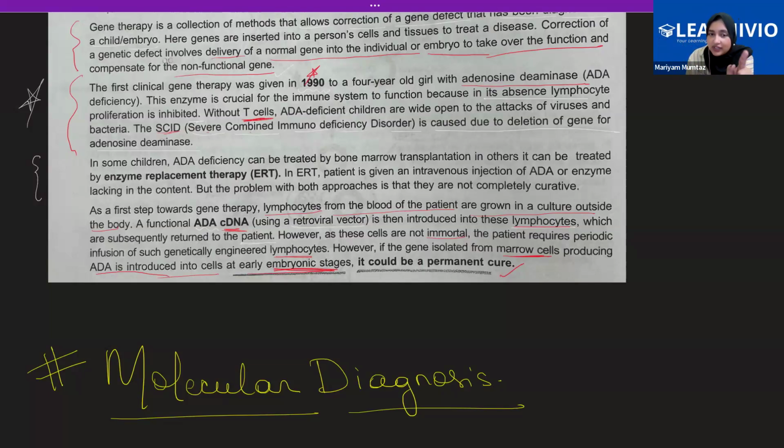But if the adenosine deaminase gene therapy is done during the embryonic stage, because there are many tests done during pregnancy to detect any kind of abnormality in the fetus, and if it is detected and the ADA treatment is done at that point of time, then it would be a permanent cure.